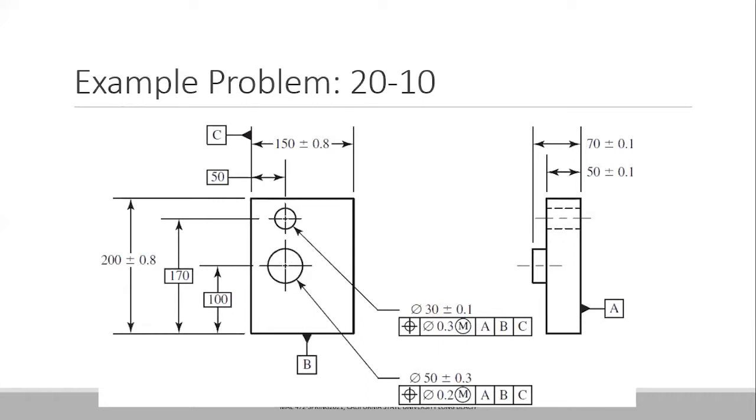Can you say the question one more time? Yes, the question is, what will be the diameter of this cylindrical part for the position tolerance shown here, 0.2 millimeters, if I assume all the dimensions are in millimeters? What would be the maximum diameter in that case for the cylindrical part?